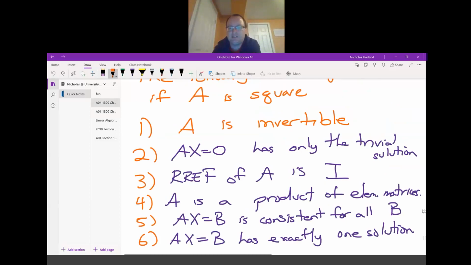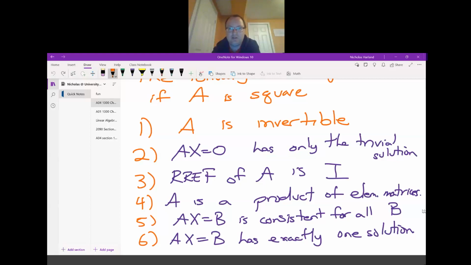Any other ideas as to a property that'll be easier to work with than the other ones? And I'm not saying it's easy. I'm saying less awful. Any other ideas?